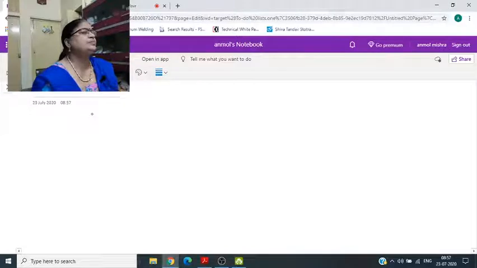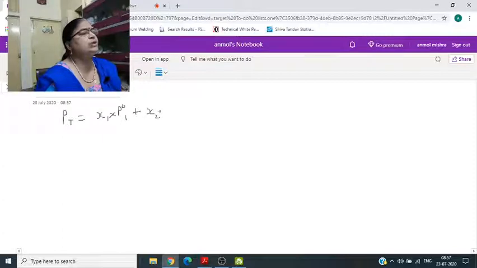Now P total will be equal to x1 into P01 plus x2 into P02.